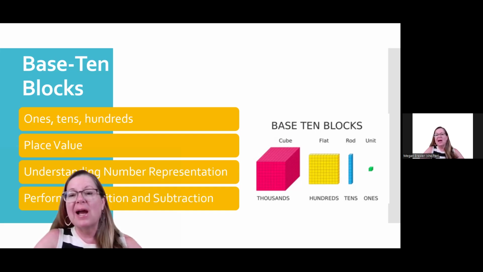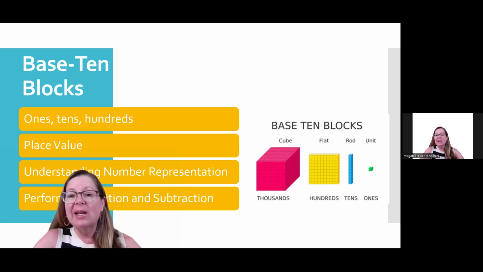Students will add and subtract in second grade within 1,000, that's the second grade math standard, using concrete models or drawings and strategies based on place value, properties of operations, and the relationship between addition and subtraction.